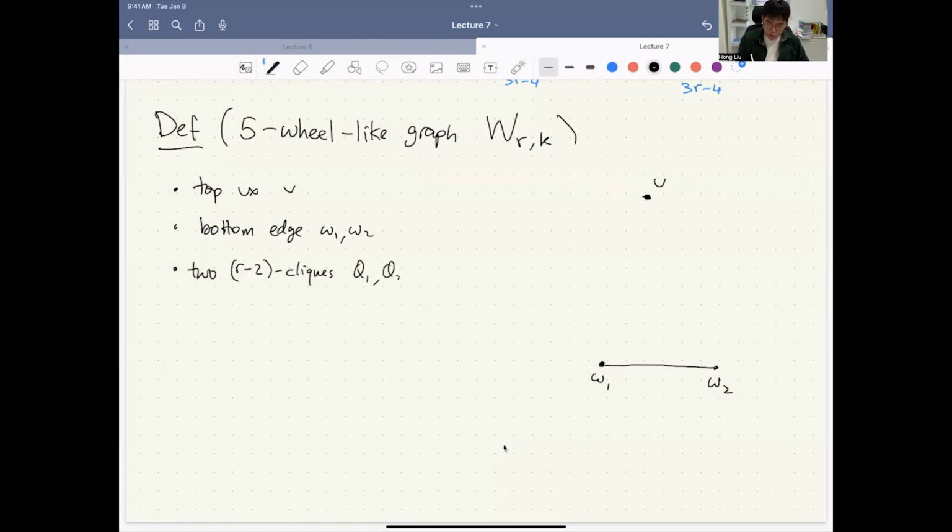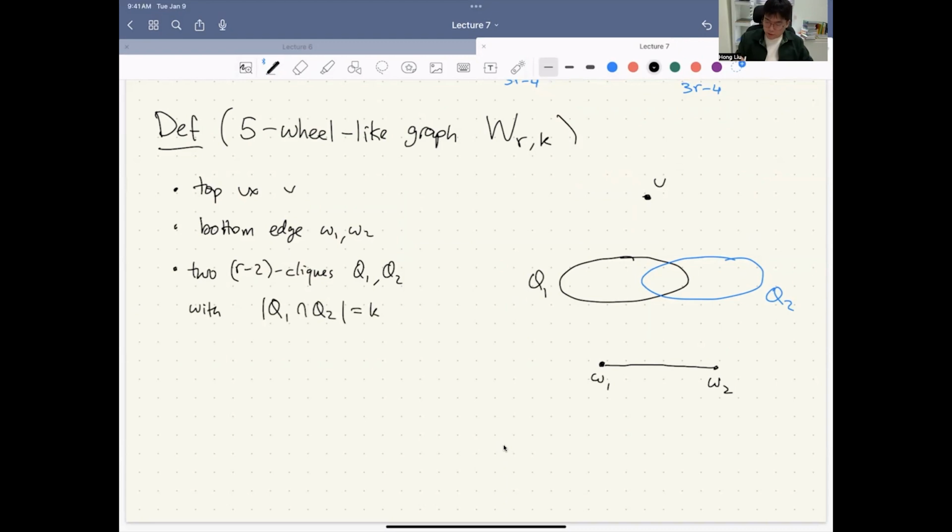Let's call it Q1, Q2. Q1 and Q2 could overlap. Each one of them is a clique, with intersection size equal to k. So the k here is the number of vertices in the intersection.